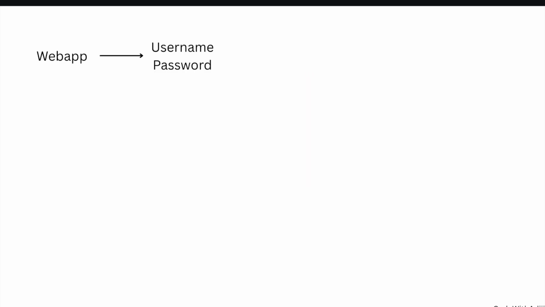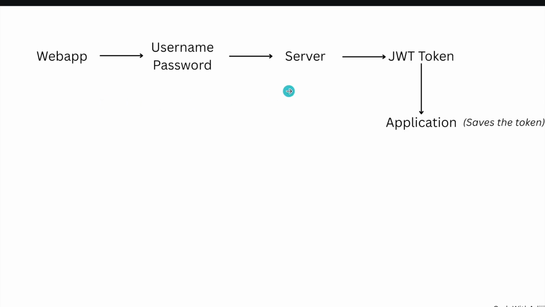Now let's understand the complete flow. Step 1, you enter your username and password. The application sends them to the server. The server checks if they are correct. If they are, it creates a JWT token. The token is sent back to the application, which saves it to local storage or any other mode of storage. Now suppose you request your profile by hitting the /profile URL.